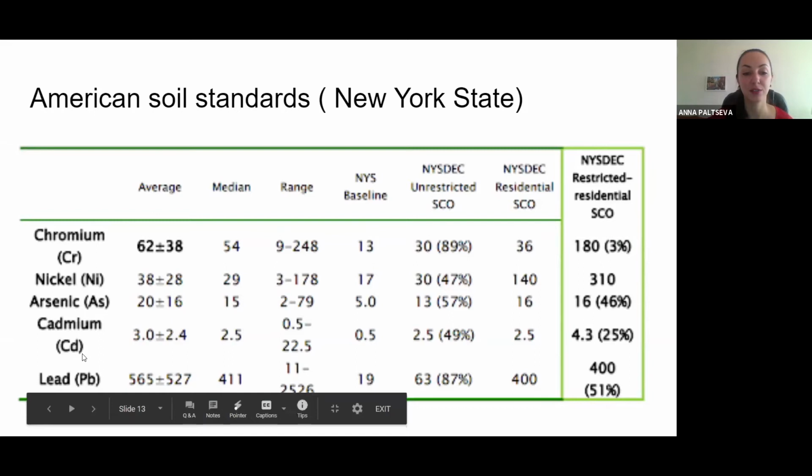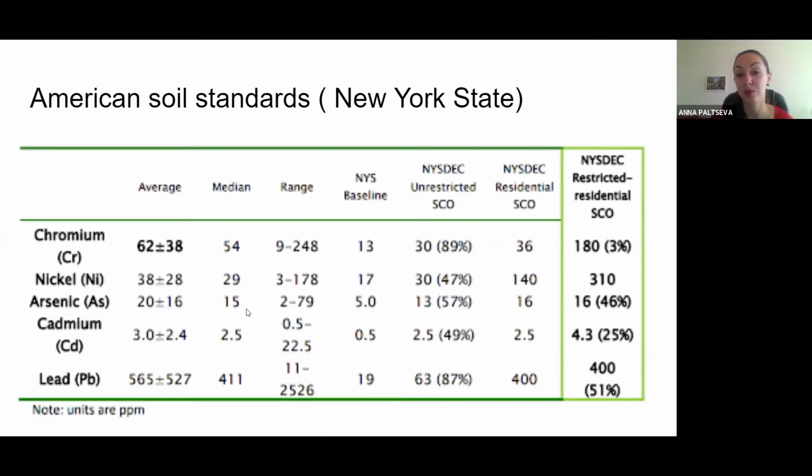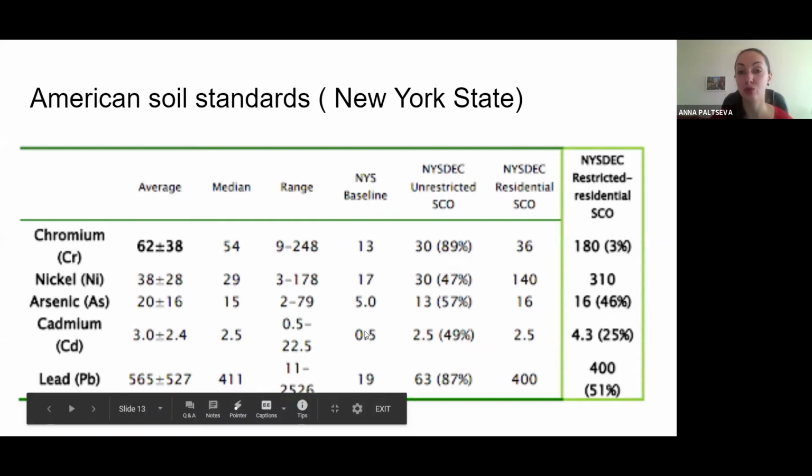You can see for New York State, we really have a high concentration of metals, and it's really heterogeneous soil. Concentrations are really, really high, and you see the New York State baseline is really low, but we have very high concentrations in the soil. That means that we have anthropogenic impact, just comparing to the reference found in rural soils around the state. And here's the 400 parts per million.